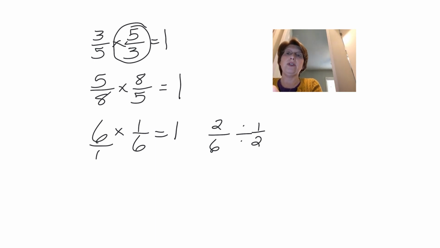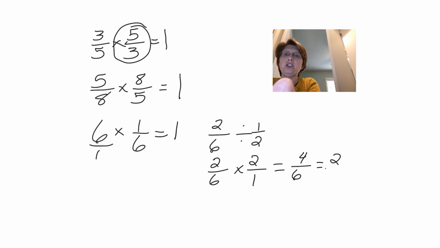So 2/6 divided by 1/2, it should really be 2/6 times 2/1, which would be 4/6, which is the same as 2/3. So did they do the correct answer there? Yes, they did.